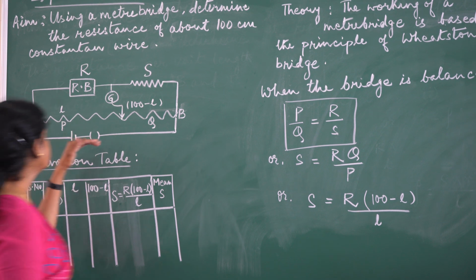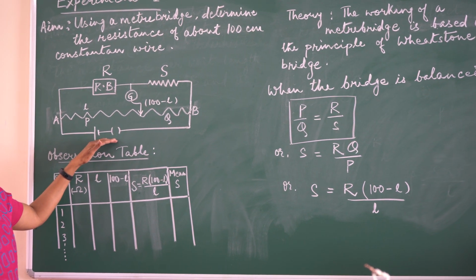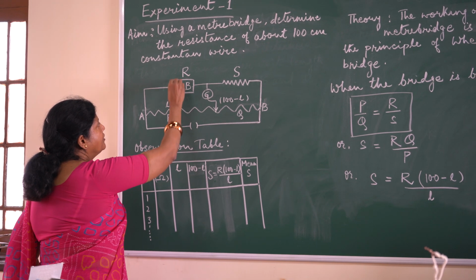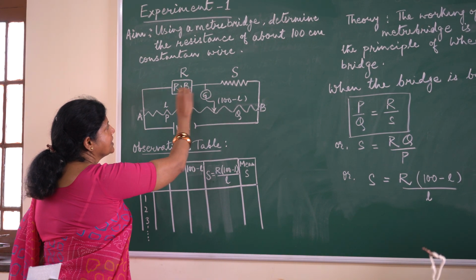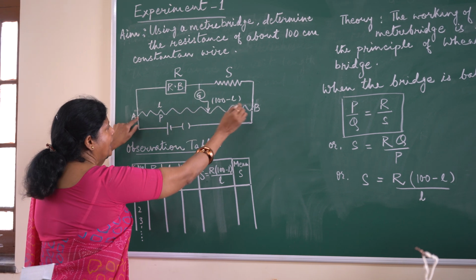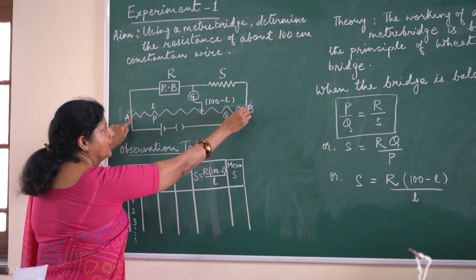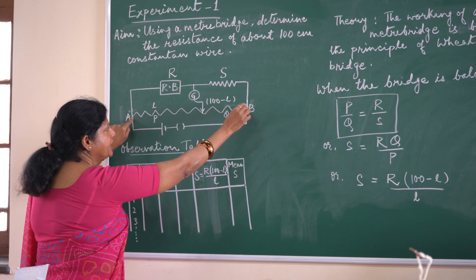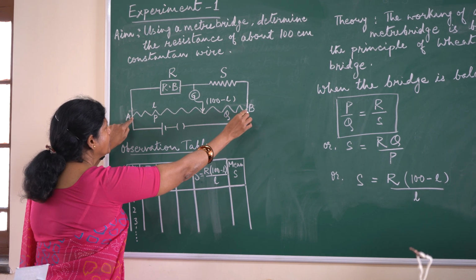Now, see the circuit diagram. Here we are having one resistance box, unknown resistance. A and B are 1 meter long wire. It is mounted on a wooden board.